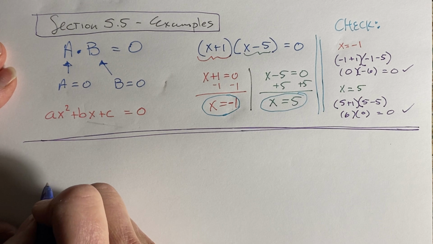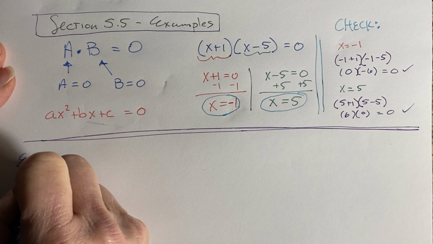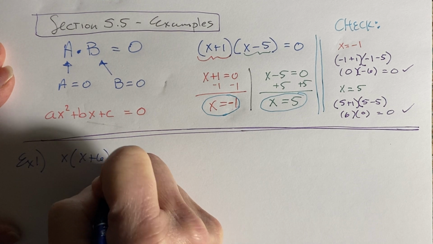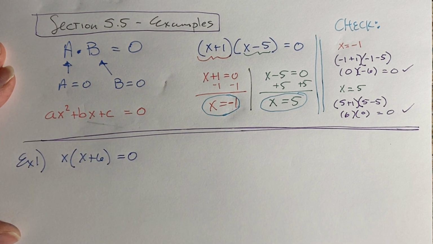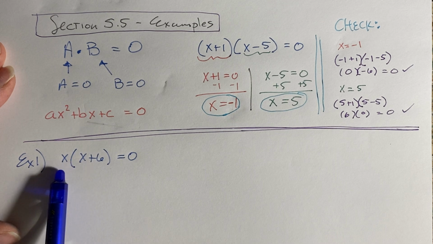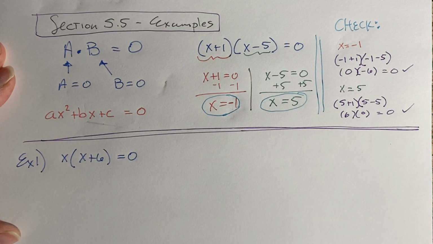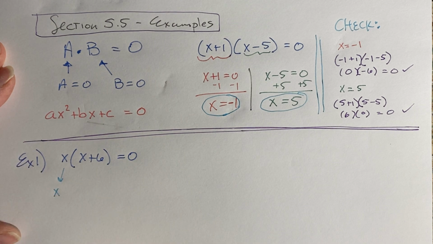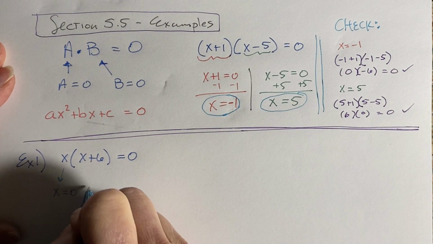If I have x times x plus 6 equals 0. It's already factored, so I just take each of my factors and set them equal to 0. So I have that factor, just plain old x, equals 0.